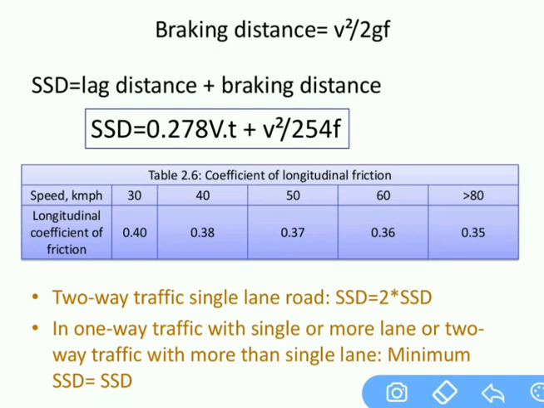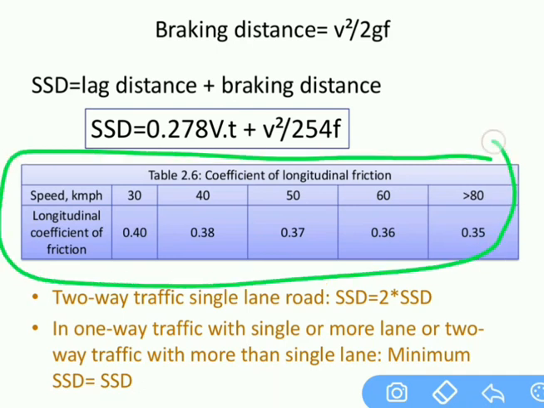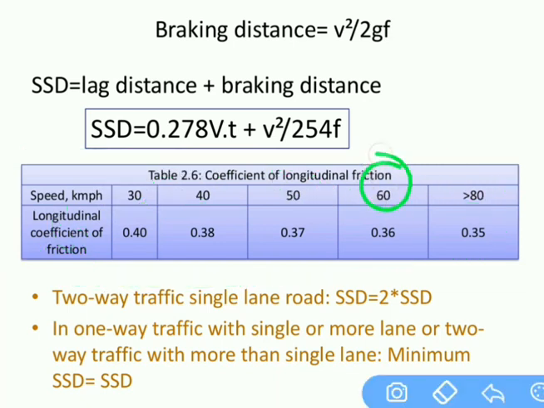Next, this table is also important. If the coefficient of friction value is not given, then we take it from this table. Here these are all speeds of the vehicle. For example, in the question he gives 60 kmph, and the mu value is not given. Then what is the mu value? 0.36. Remember like this. If the speed is more than 80, directly we take 0.35.